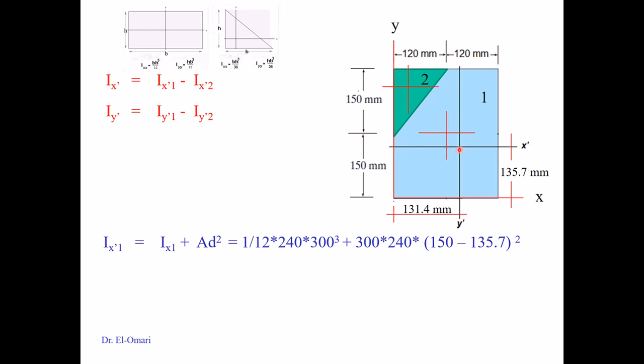The parallel axis theorem here is the area of the whole section multiplied by the vertical distance between its own axis and the whole section axis. And remember, this is the y that we found. So we can simply use the reference axis and say it's just 150 minus the 135.7, which is that distance here, and then squared.